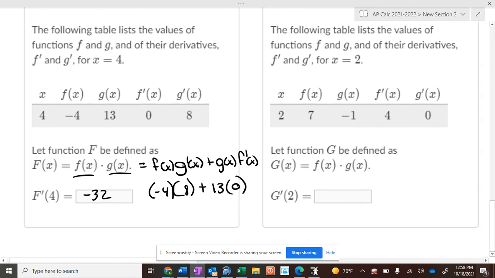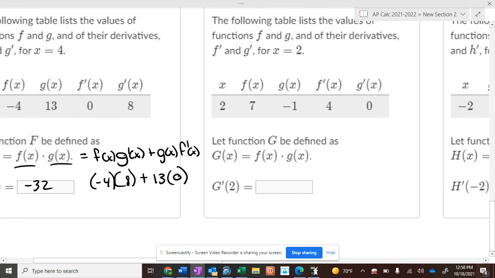See how easy that is? Yeah. So you'd do the same for this one. So it'd be 7 times 0 plus -1 times 4, which is -4. Okay? So that's what we're doing in the second half, is doing the product rule and product rule with tables.